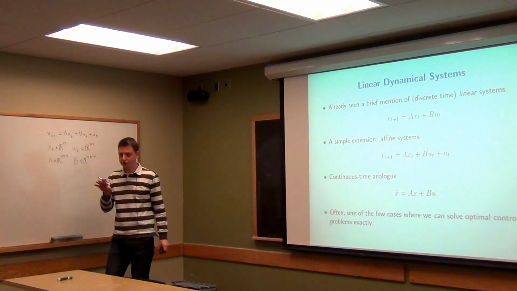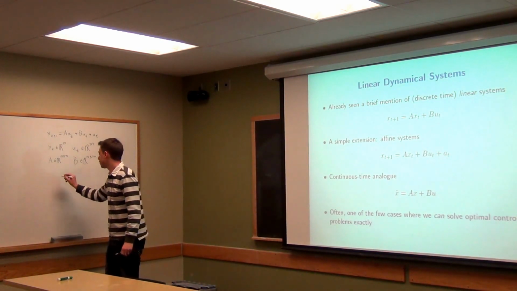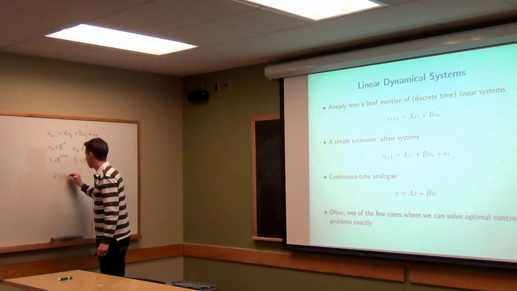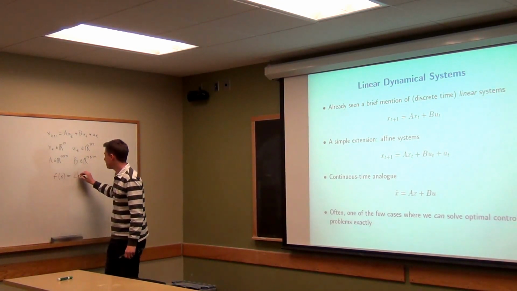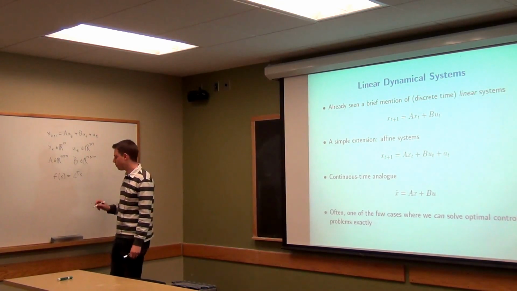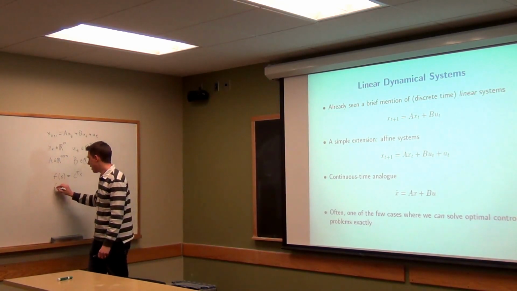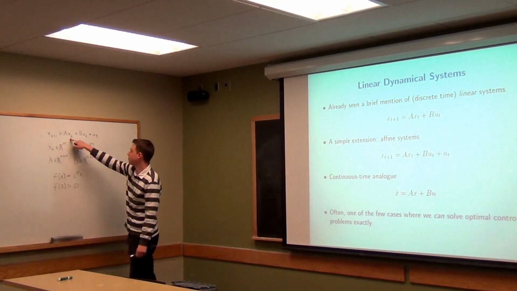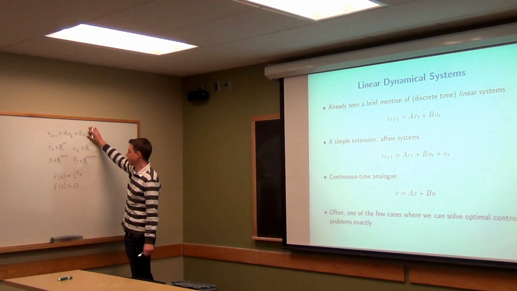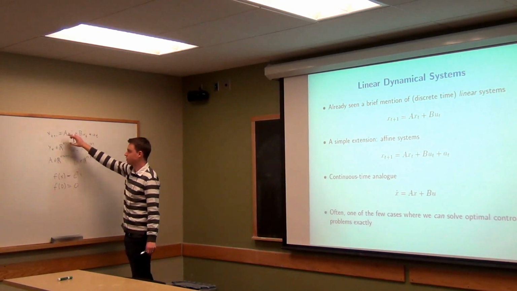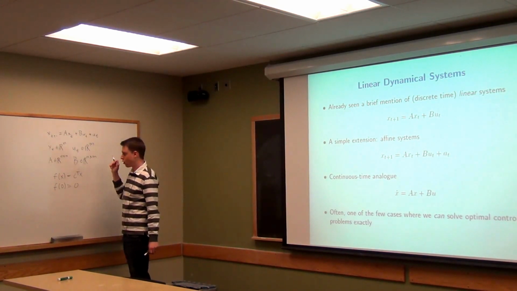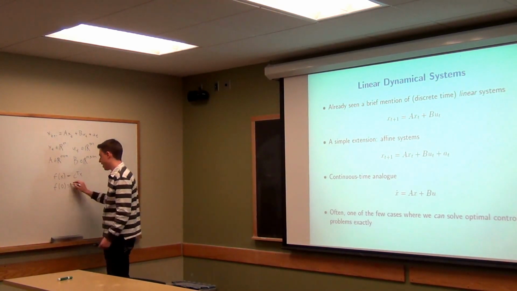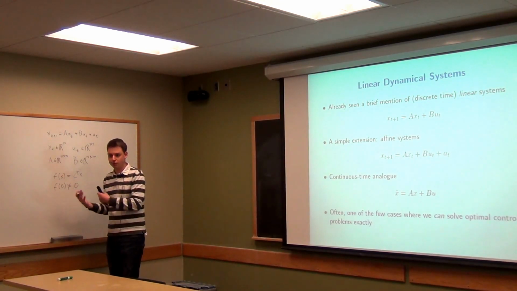So a linear function of a variable is f of x equals some linear function, say c transpose x. But for a linear function, f of 0 is going to be equal to 0. So for this, for example, without this portion, if x and u are both 0, the next state will also be 0. Whereas for an affine function, this does not have to hold. f of 0 can be some other constant amount.